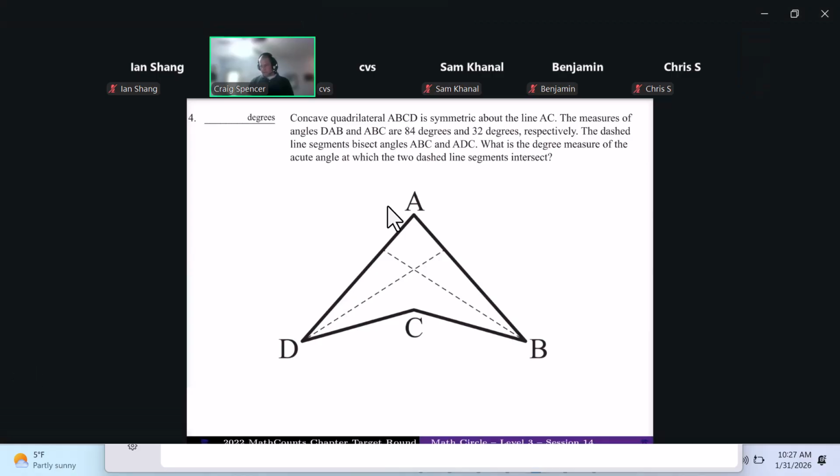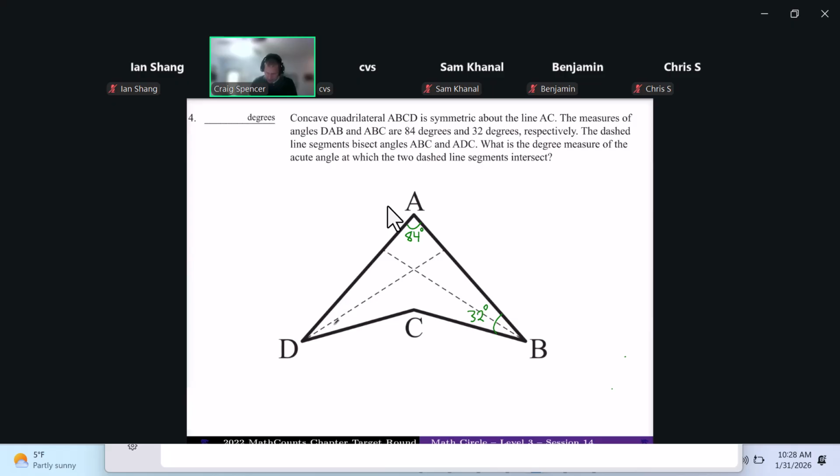So they give us some information here. Namely, they give us the angle DAB was 84 degrees. And they give us that the measure of angle ABC is 32 degrees. Now notice that we have nice symmetry here. So that is also telling us this angle D is 32 degrees.